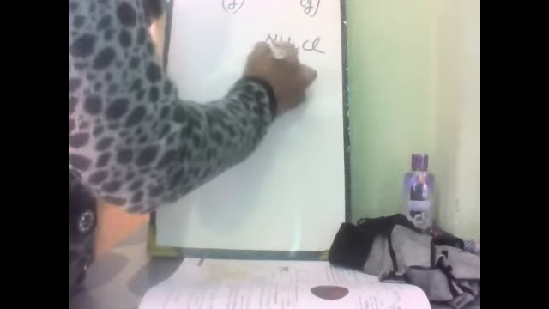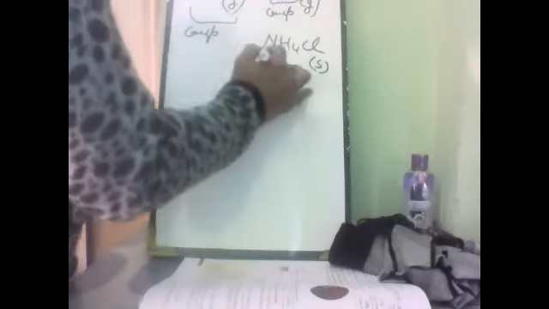Ammonia is in gaseous condition and reacts with HCl, which is also in gaseous state, and they form NH4Cl, which is solid. Ammonia has nitrogen and hydrogen, so it is a compound.